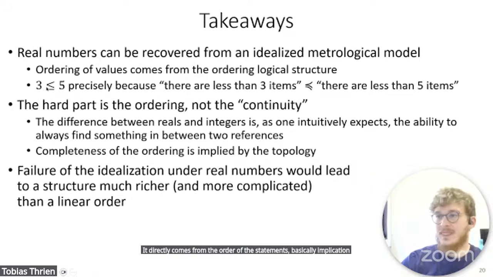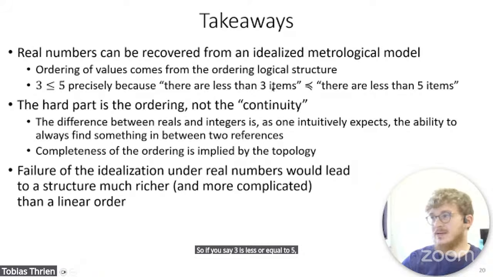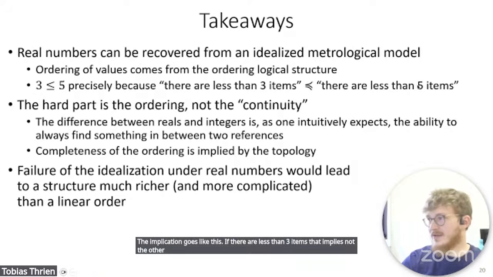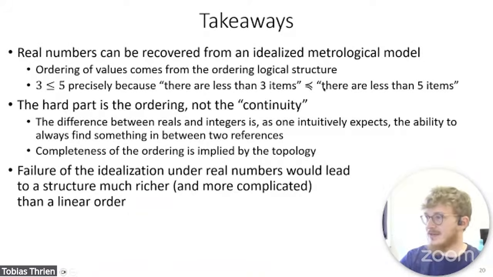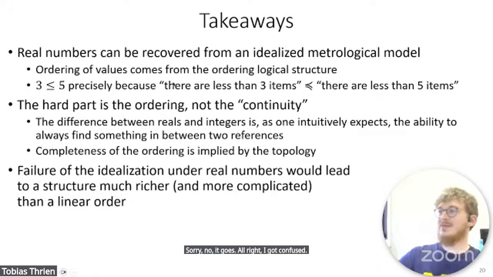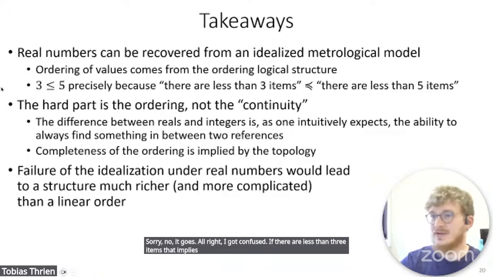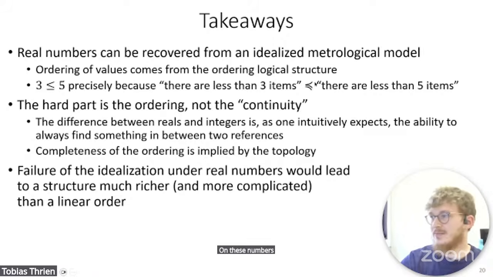So if you say 3 is less or equal to 5, then the implication goes like this: if there are less than 3 items, that implies there are also less than 5 items. So the order on these numbers comes from this arrow, the implication. So very naturally you can convert one into the other.